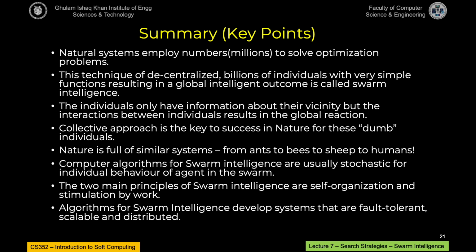The two main principles of swarm intelligence are, number one, self-organization, and number two, stigmergy. Finally, the algorithms developed for swarm intelligence are fault tolerant. That is, in case of a fault in a single component or a single agent, they are still able to work. The algorithms are also scalable and generally distributed in nature.